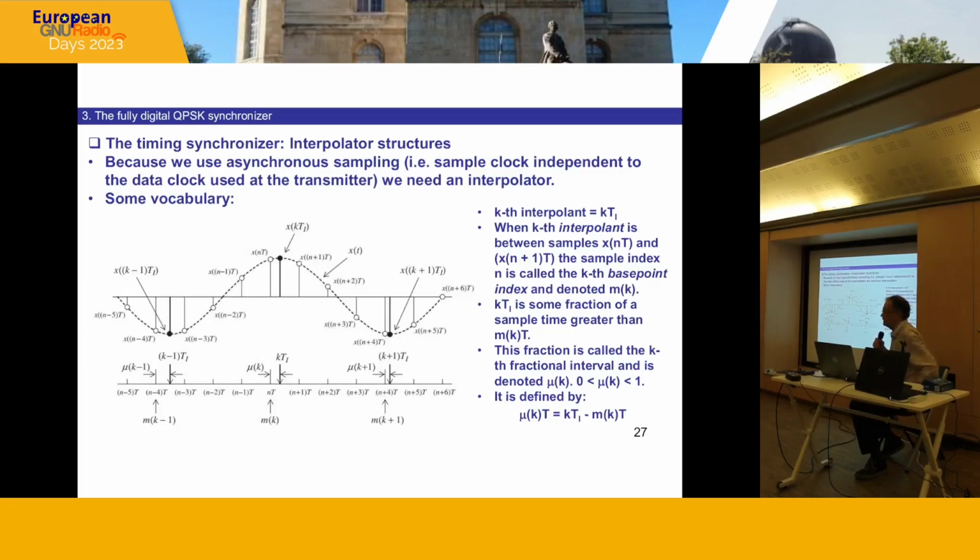So to do that, when you're not exactly at the right place, at the center of the eye at the maximum opening, what you have to do is to interpolate and find a value that's not existing in the data, but you can reconstruct this data with the samples that you will get.